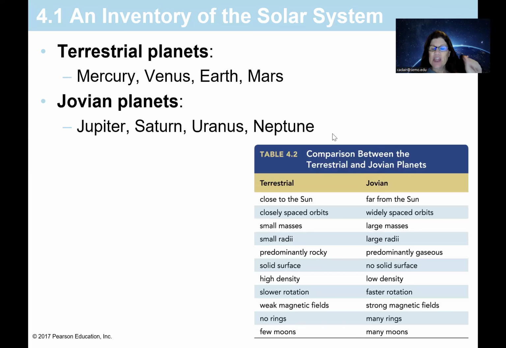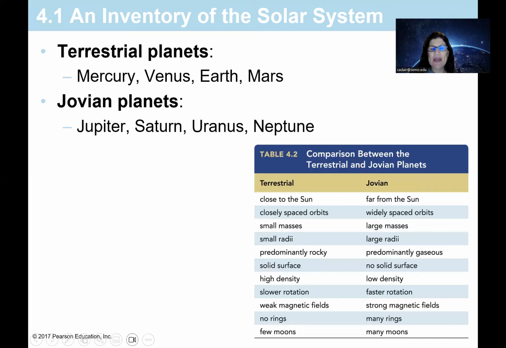But here are the two types of planets that we have in our solar system: terrestrial planets and Jovian planets. Terrestrial ones are close to the sun. The Jovian ones, the gas giants, are far from the sun. We have closely spaced orbits here, where they're widely spaced here. Smaller masses, larger masses, small radii, large radii, mostly rocky. Ours is very wet as well.